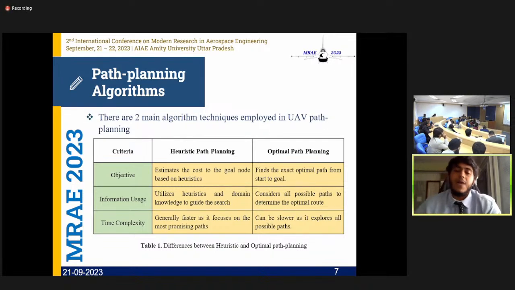In heuristic path planning, the data considered is selective, depending on how the algorithm selects it, so only selective data of the whole sample space is considered, whereas in optimal path planning, the whole data of the sample space is considered. Heuristic path planning has a good time complexity, which basically means it's faster, whereas optimal path planning, because of its lengthy process, is slower.